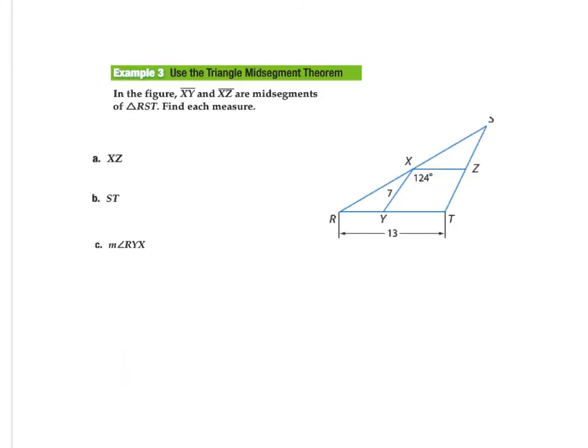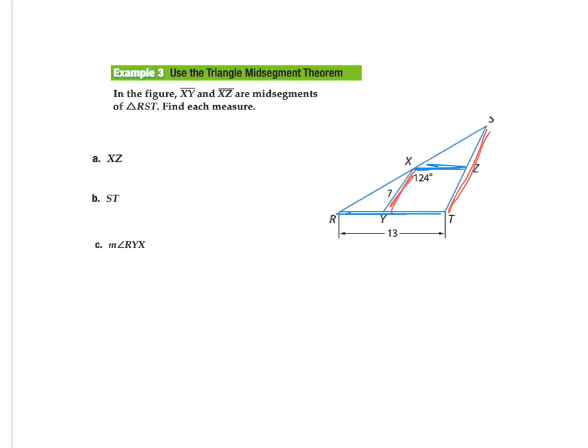All right, 15. In the figure, XY, YZ, and XZ are mid-segments. So remember, these lines right here in red are parallel, and the mid-segment is always half of the base that it's parallel to. And I'll use a different color here. This mid-segment in blue is parallel to this, and it is exactly half.